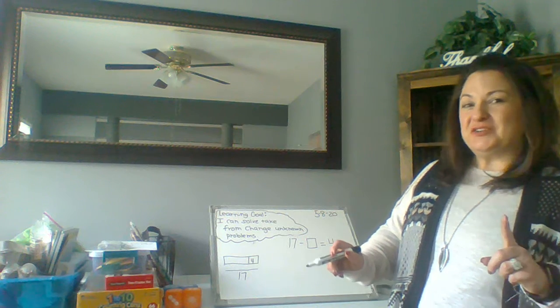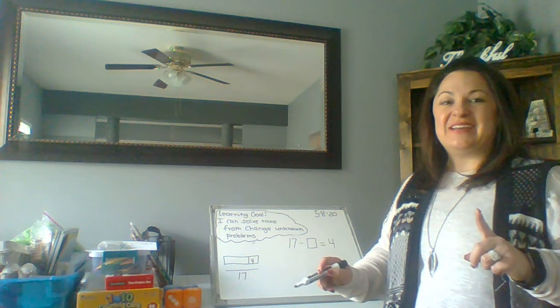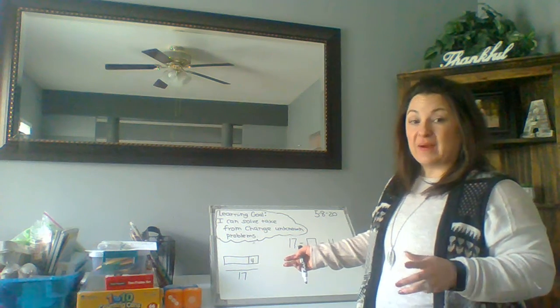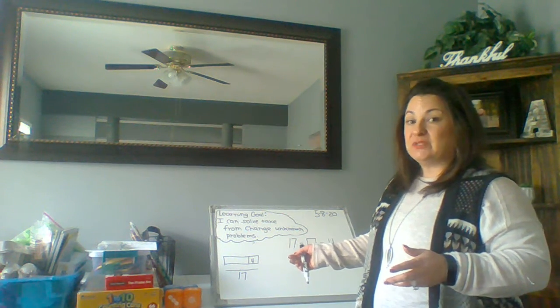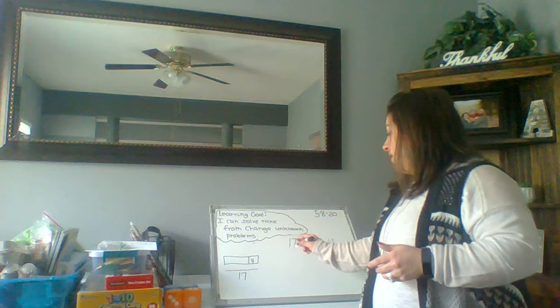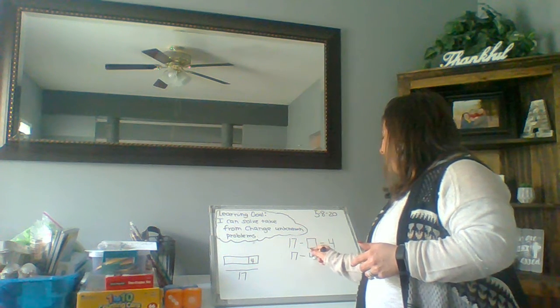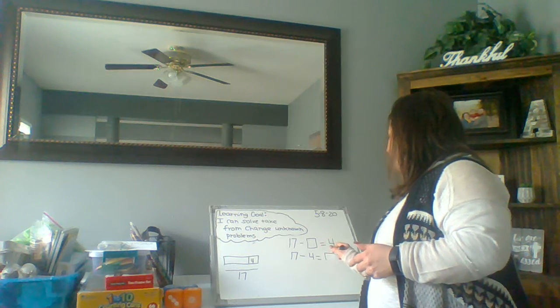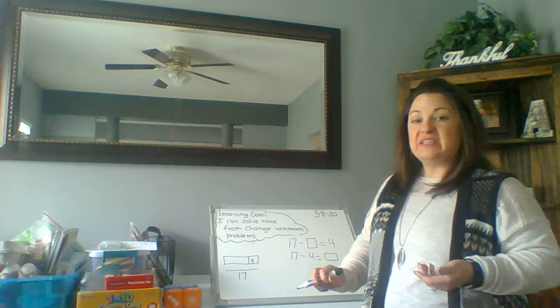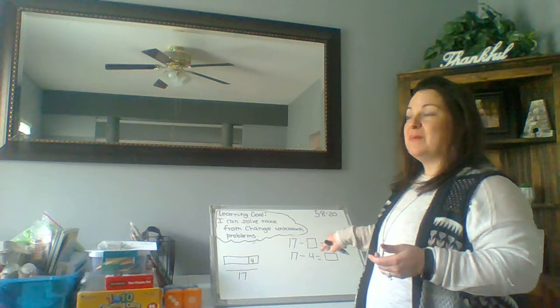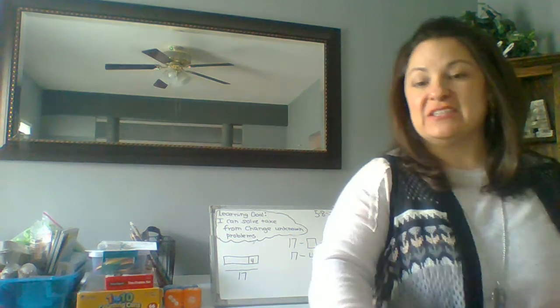But remember, I showed you a little trick that you can do when we did number talk today. You can flip this problem around to help you solve it. We can rewrite that like this: 17 minus 4 equals box. And the reason that you can do that is because those are members of the same fact family.